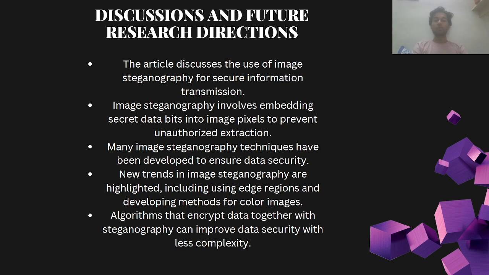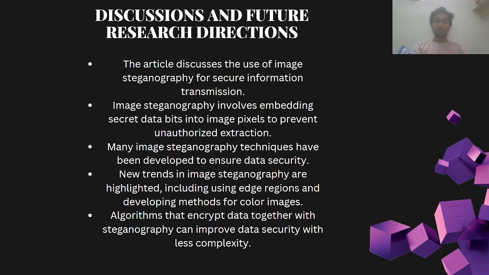Next point, most of the image steganographic methods discussed have taken grayscale images as a cover medium. Therefore, there is a need for developing and applying steganographic methods also on color images to prove their versatility and to further increase payload.